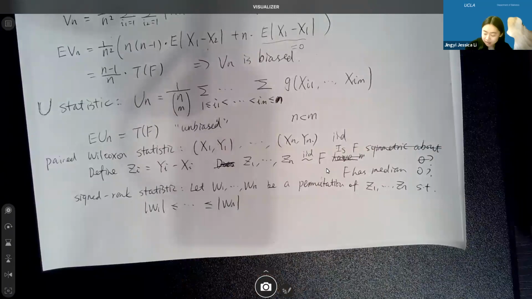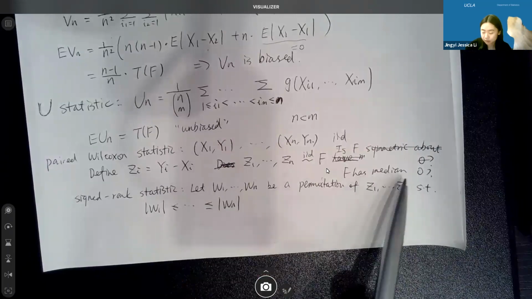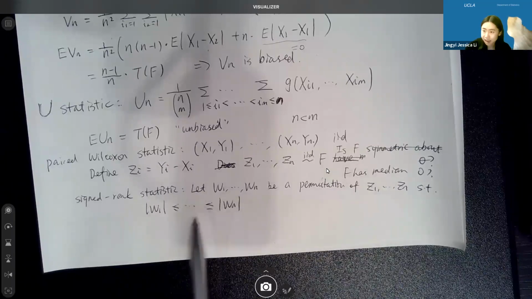Then what's the signed rank statistic? What would you imagine if this hypothesis is true? That is, if the differences Z1 to Zn have a distribution with median 0, that means the sign should be independent of the absolute value.